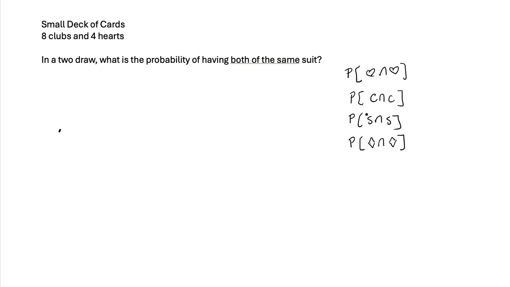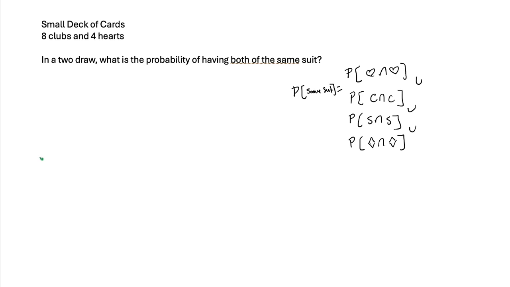Okay, so I'm interested in this outcome: the probability of having the same suit. So the same suit is equal to the probability of this happening, or this, or this, or this happening. Now, you could work the formulas out, no doubt, but now you know trees.